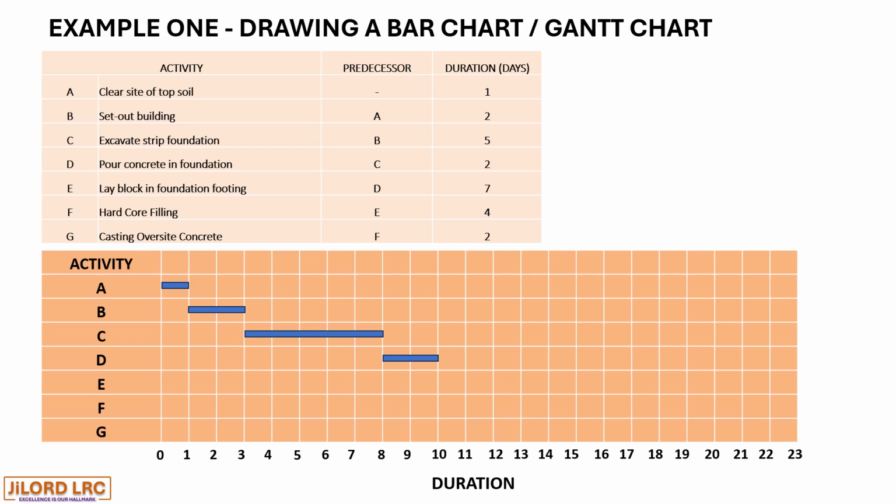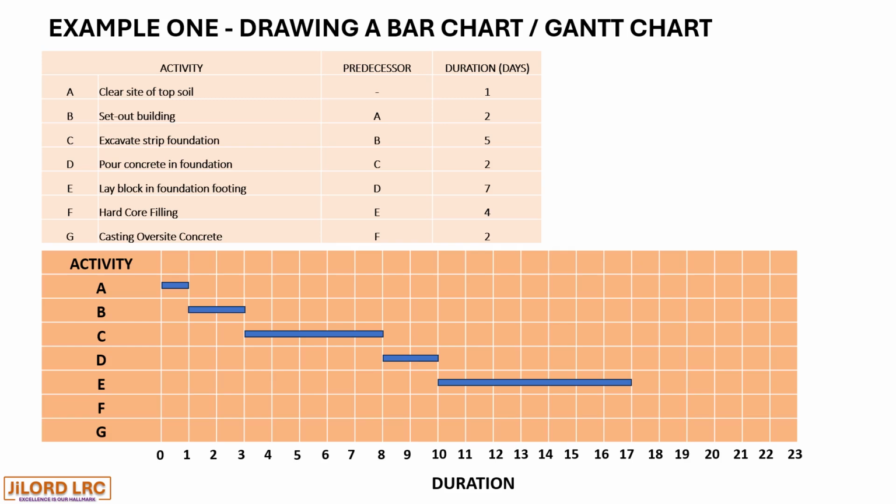Activity E commences at the end of activity D with a duration of 7 days. We have 7 plus 10 making 17, as shown on the chart.